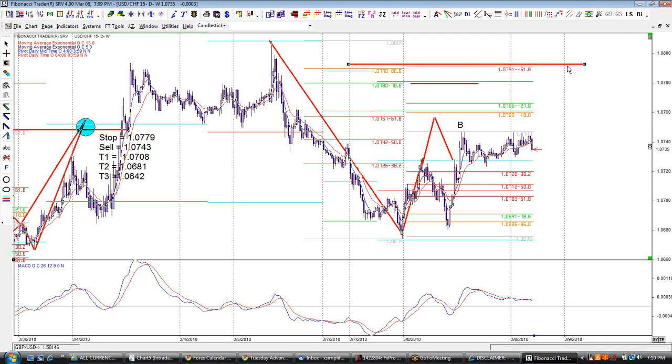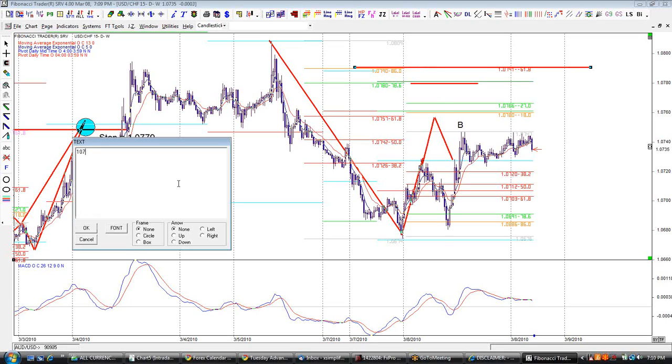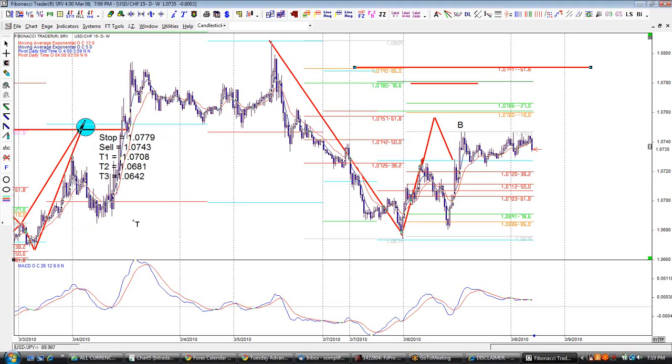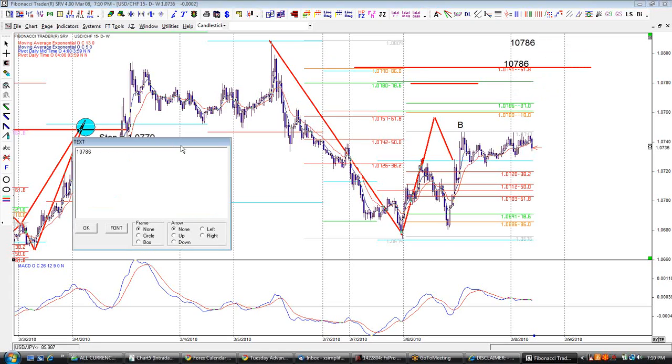Now, we're planning an entry at 107.86, stop above the X, 108, let me see, 108.24.